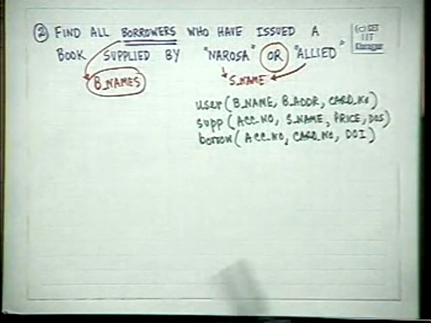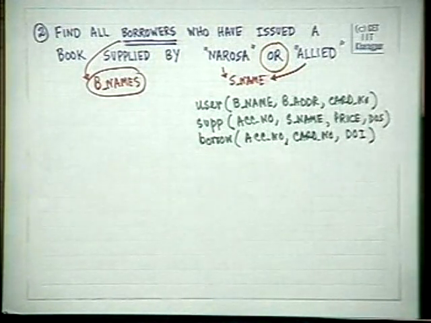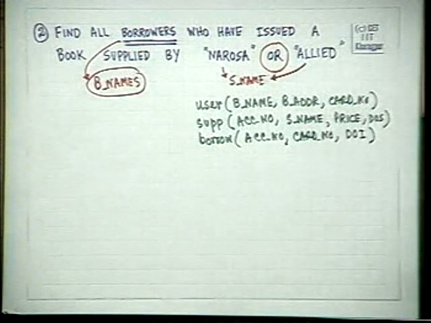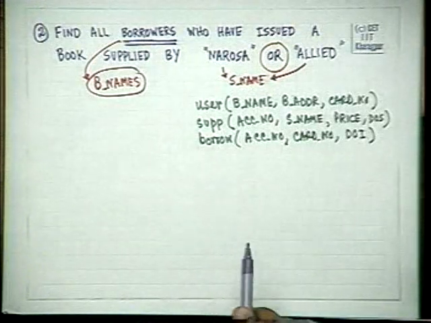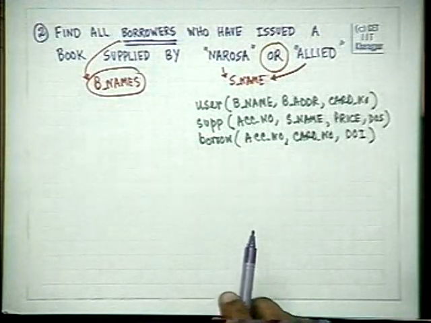We will have to use all three of them, and in relational algebra we would have had to do a natural join of these three and then select out and project out the relevant attributes.